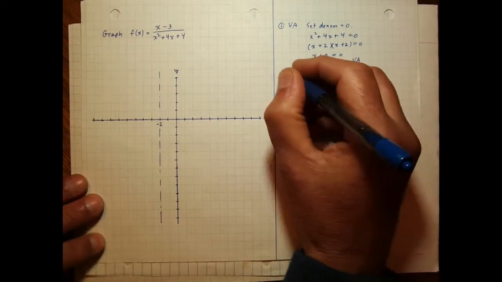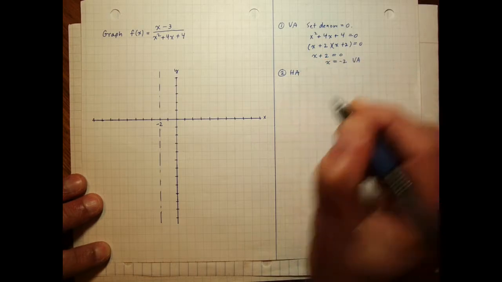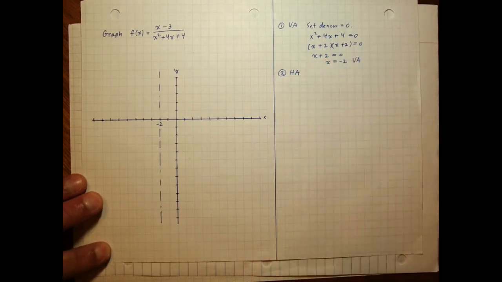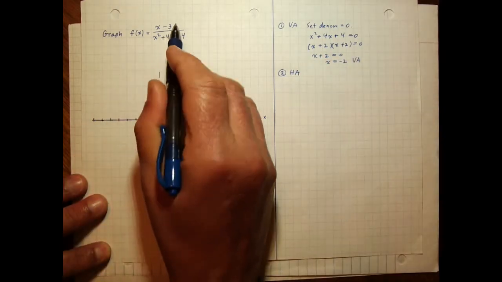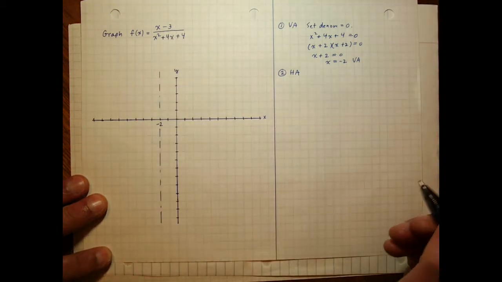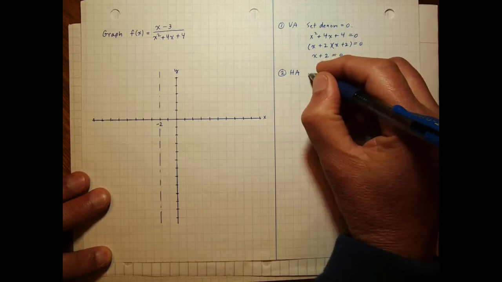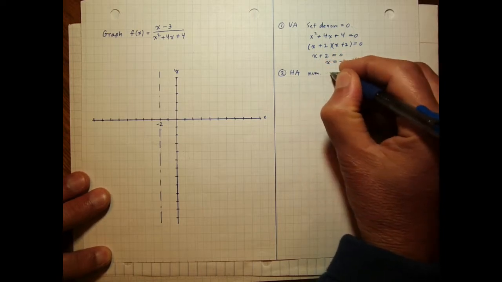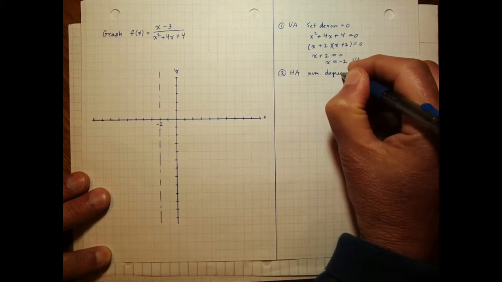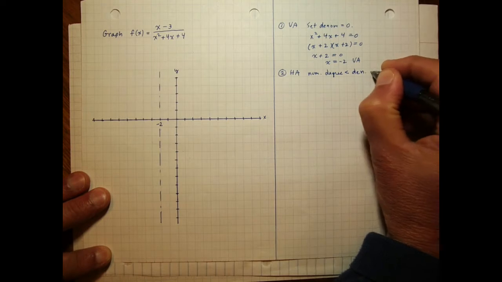Step 2 is to check for the horizontal asymptote. Here, the degree of the numerator is less than the degree of the denominator.